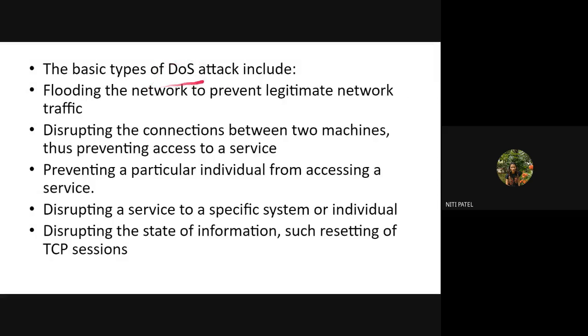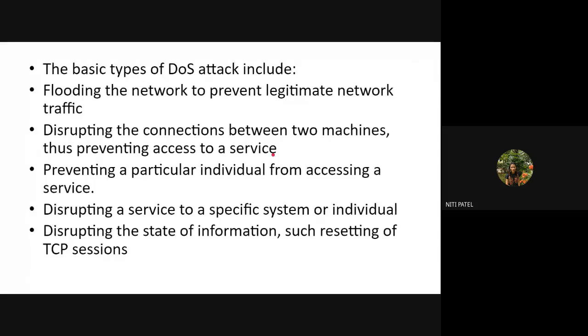So the basic type of DOS includes flooding the network to prevent the authorized user from accessing the network. Flooding means the attacker keeps putting unwanted requests on the network, because of which the authenticated request coming from the computer will never reach computer 2. It also disrupts the connection between two machines, thus preventing access to the service.